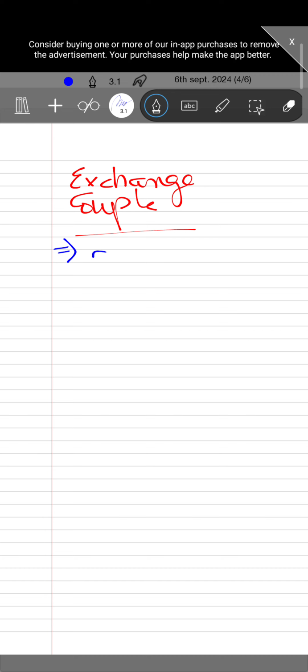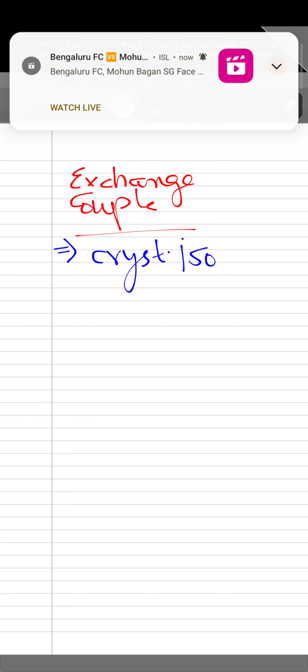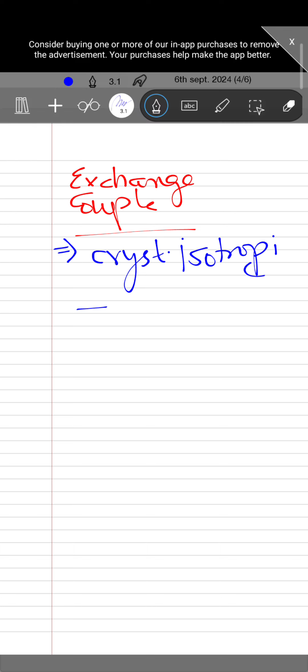So even though those are crystallographically isotropic, you can find remanence in them, and it is equal to the values obtained after full alignment.